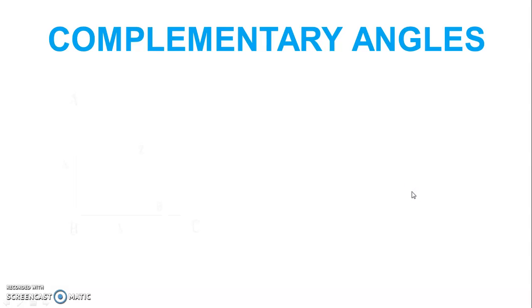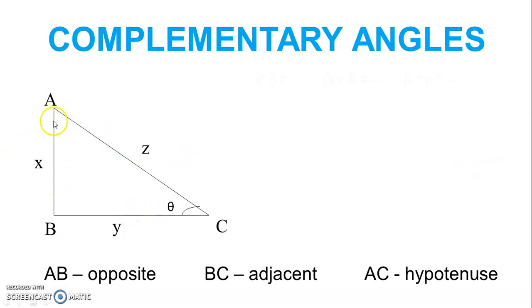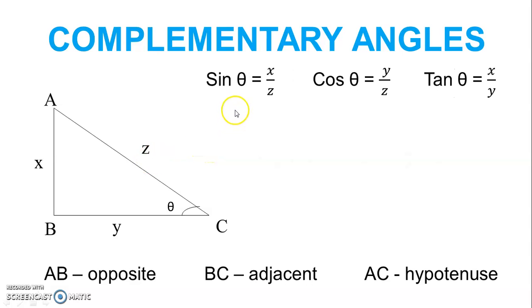Then we will learn about complementary angles. For this triangle ABC, AB is the opposite side, BC is the adjacent side, and AC is the hypotenuse side. From the trigonometric ratios, sin theta is x by z, that is opposite by hypotenuse.